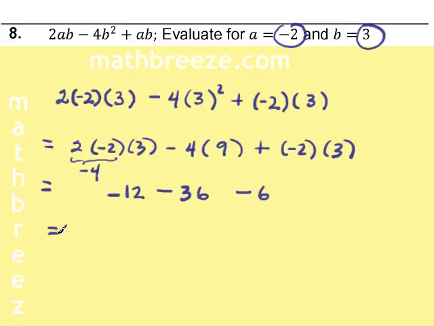All right, so let's start combining these. So remember, there's an imaginary plus right here. So here we're adding a -12 and a -36. So that's -48. Again, an imaginary plus sign right here. So we're adding -48 and minus 6. So that's negative 54.